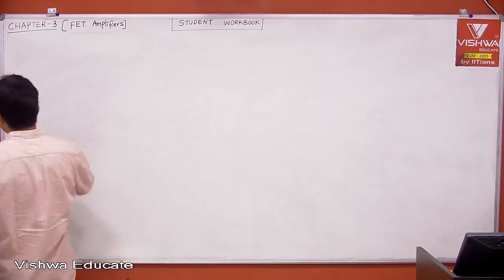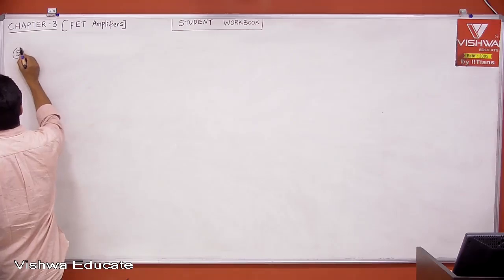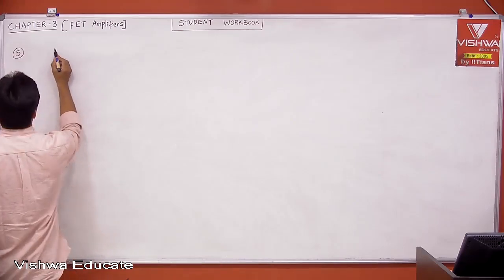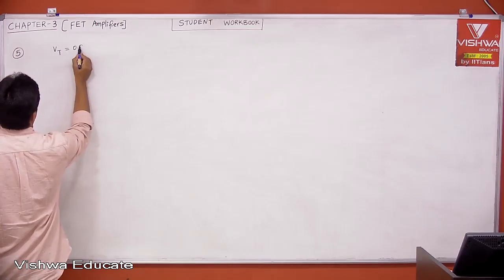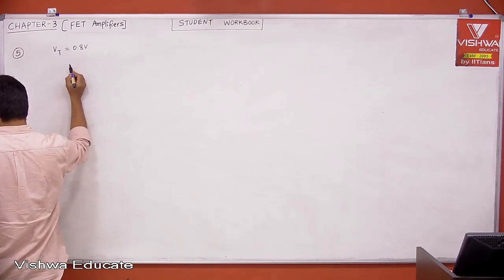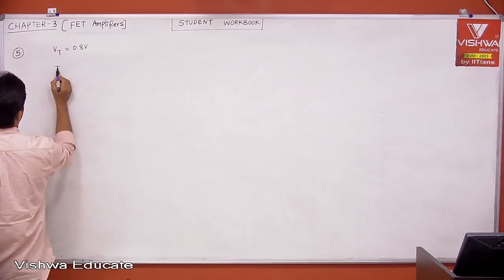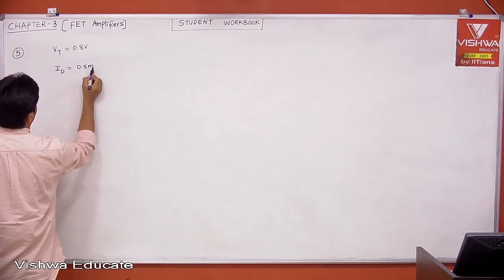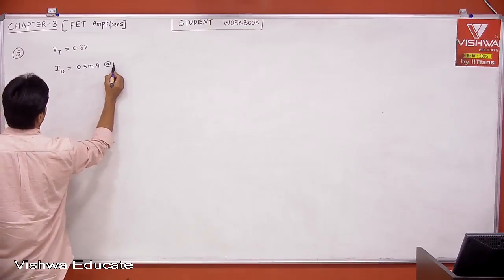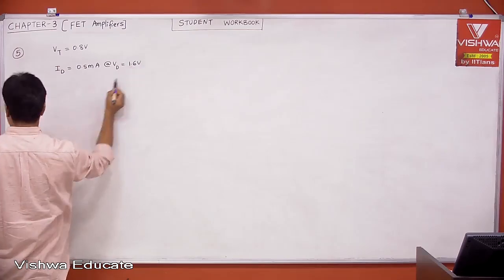Okay. Now, problem number 5. VT is given, that is 0.8, and it says that ID is equal to 0.5 milliampere at VD is equal to 1.6 volt.